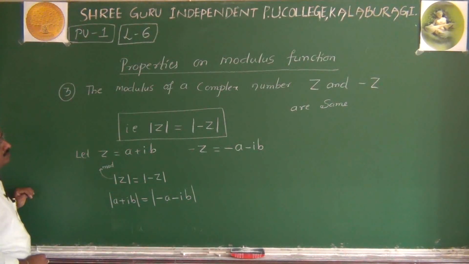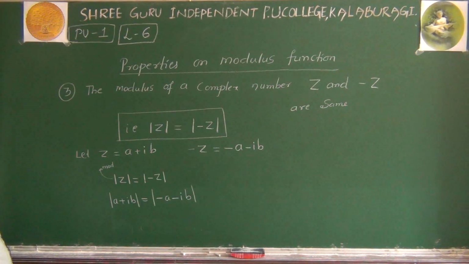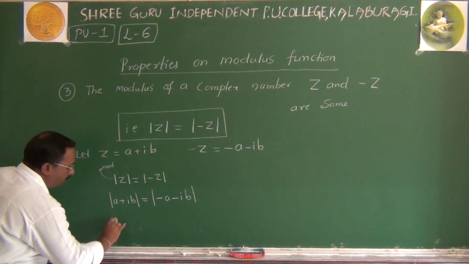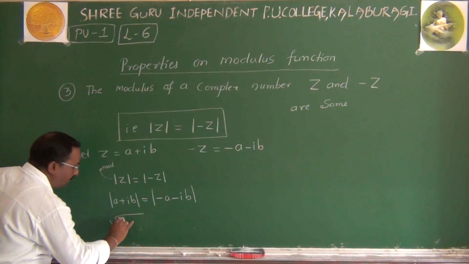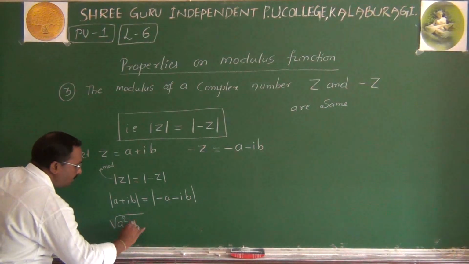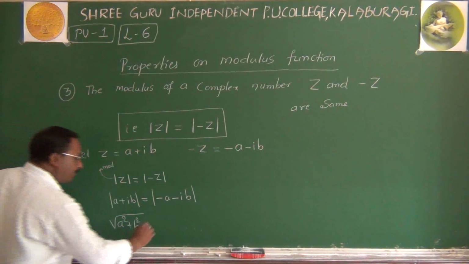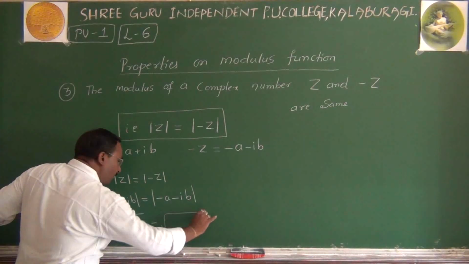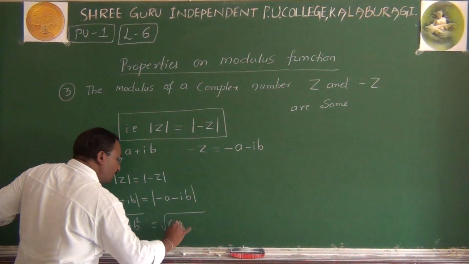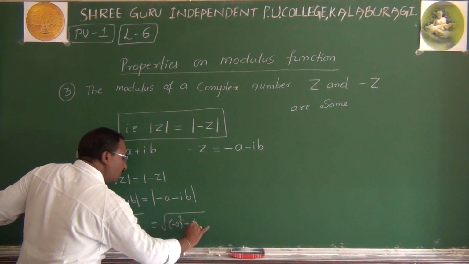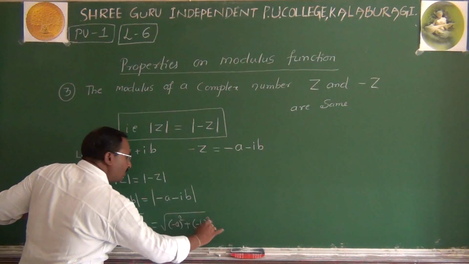The modulus definition is the square root of real part square plus imaginary part square.